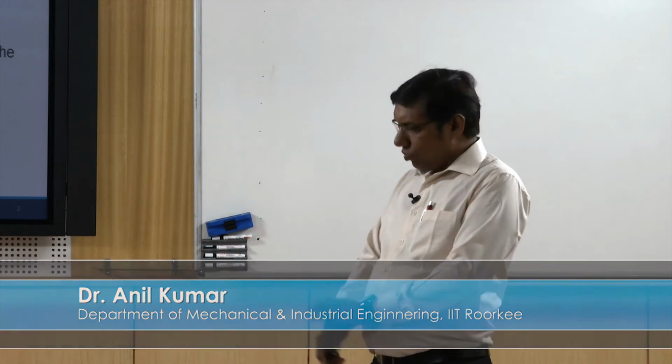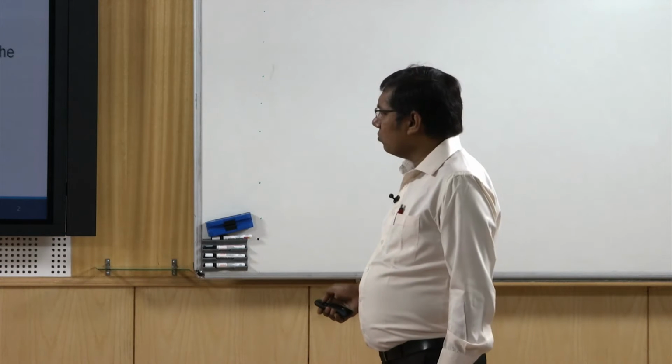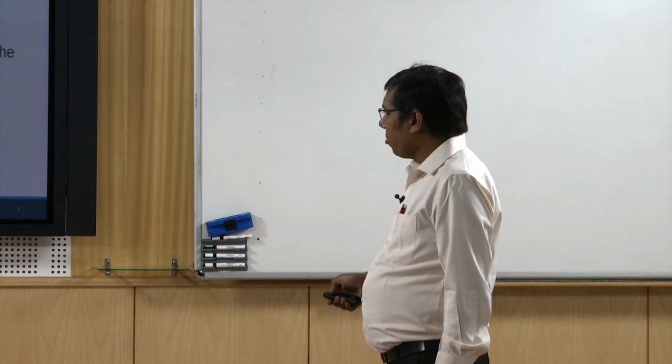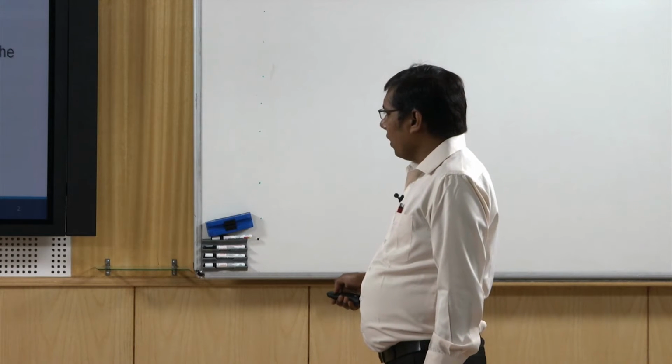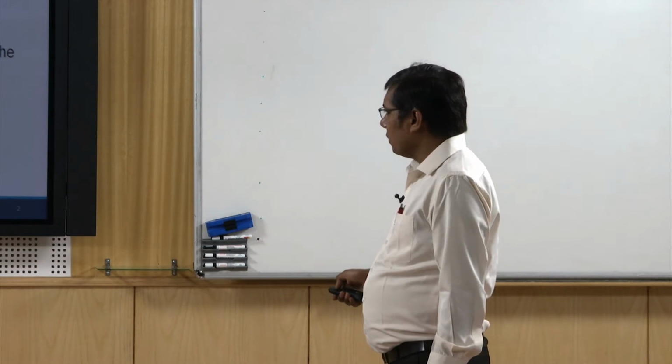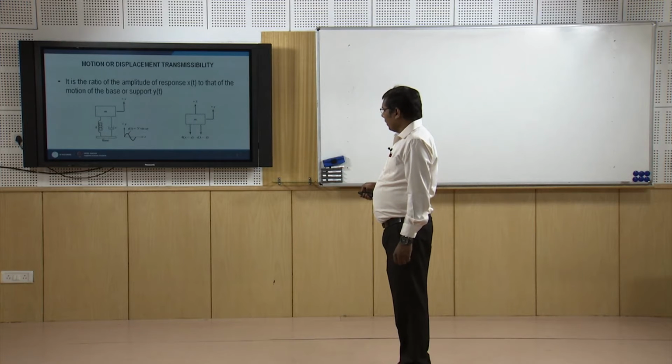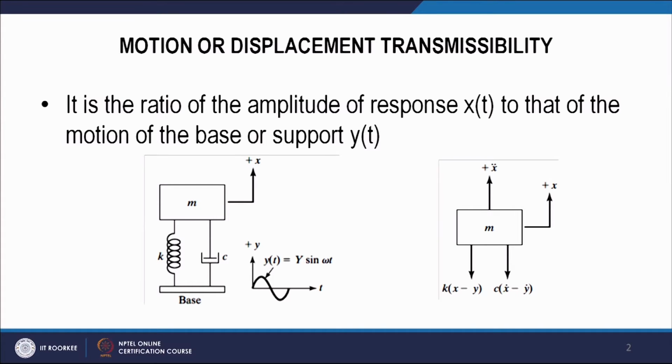Okay. So let us see here, there is some sensitive instrument M kept on some surface, and that surface is vibrating in some harmonic way, and so this motion is going to affect the response of this mass.